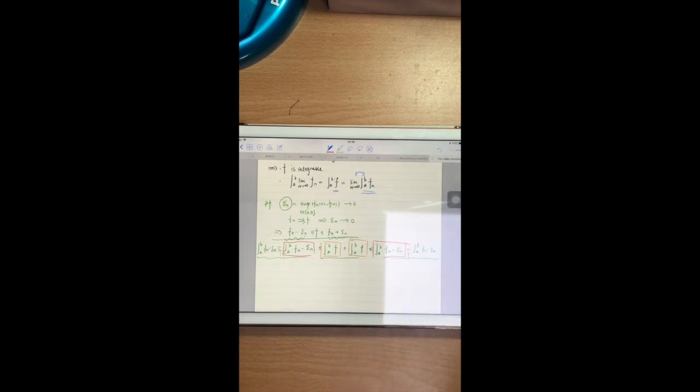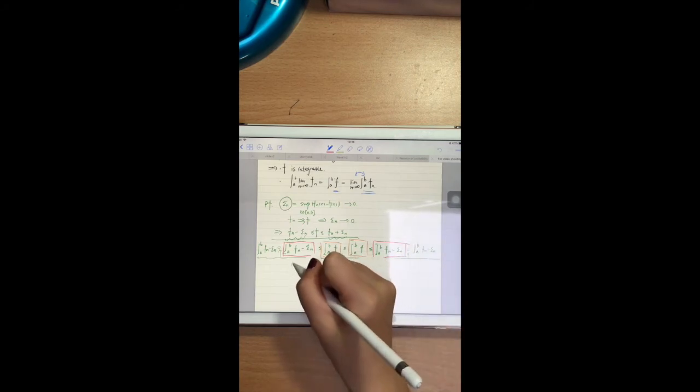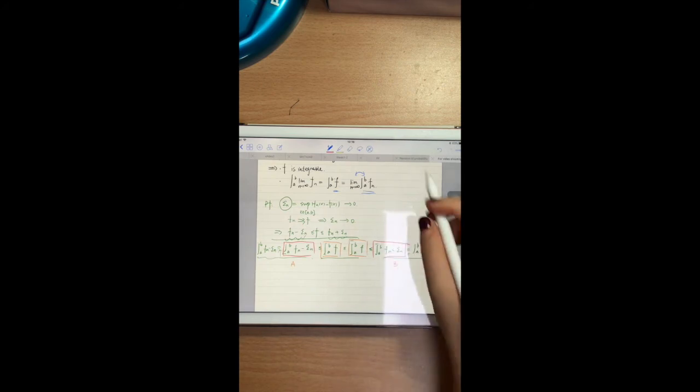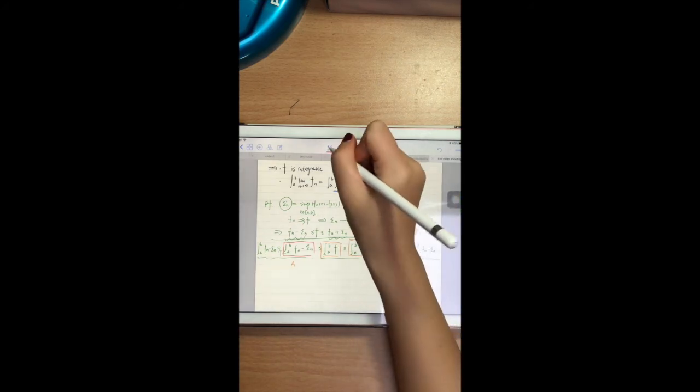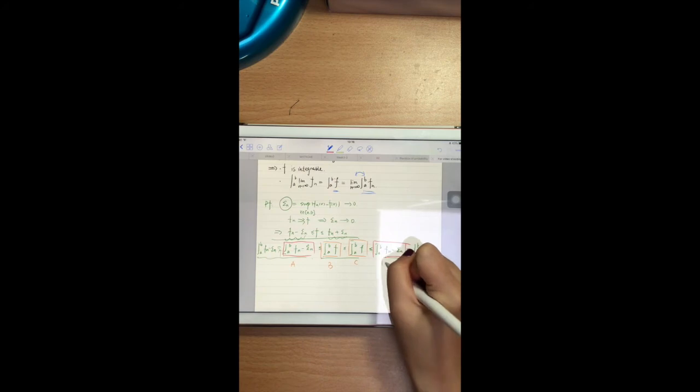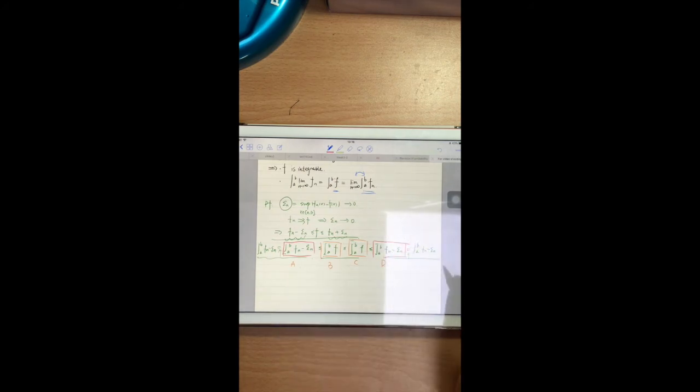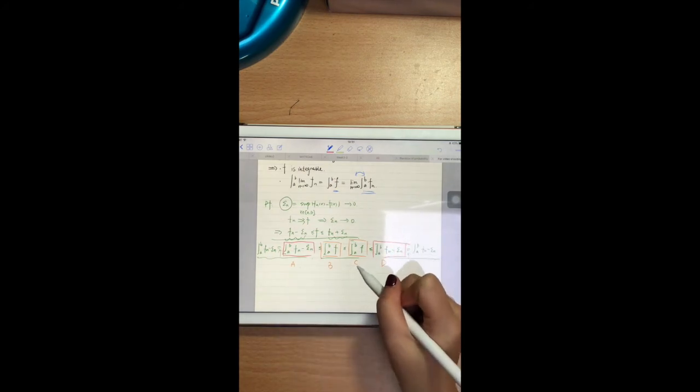Here we're going to use a straightforward inequality. I don't know if you guys can see. If we take a, b, c, d, then d minus a must be larger than c minus b.